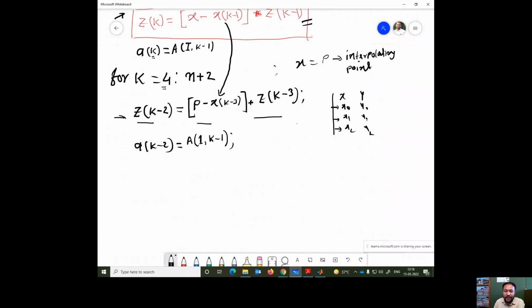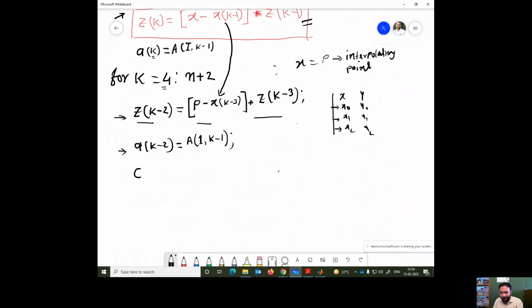This is the coefficient of delta cross y naught, delta cross square y naught, and delta cross cube y naught. This is coming from the table, right? So I have defined first row and third column onwards.